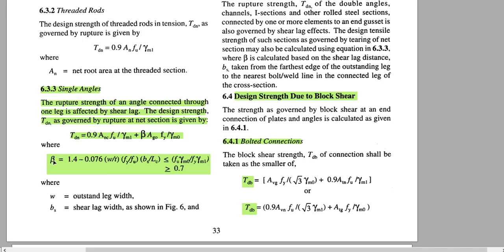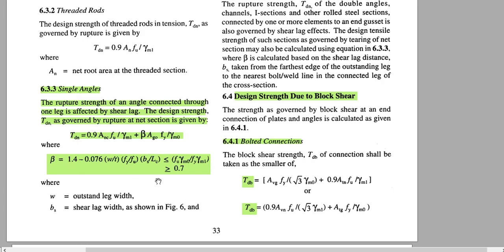So the beta is given by this equation. In this equation you should know what W is and what T is. T you know, Fy, Fu, bs, Lc. So the value of beta will be this.